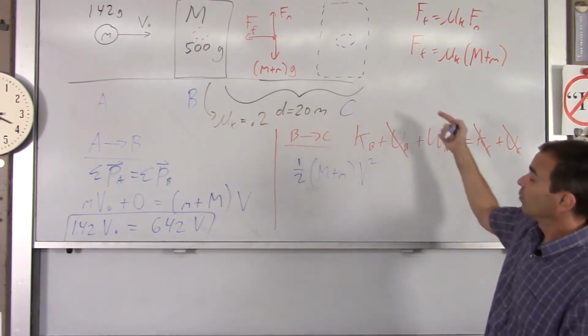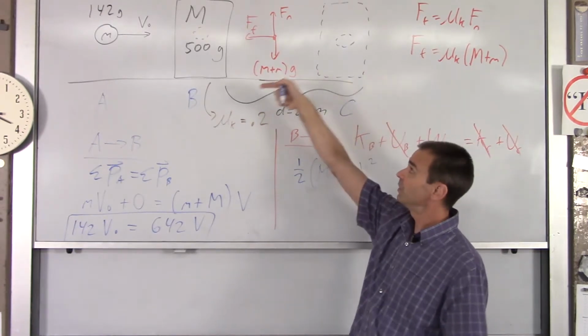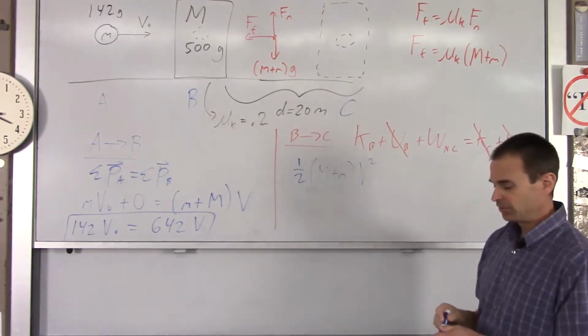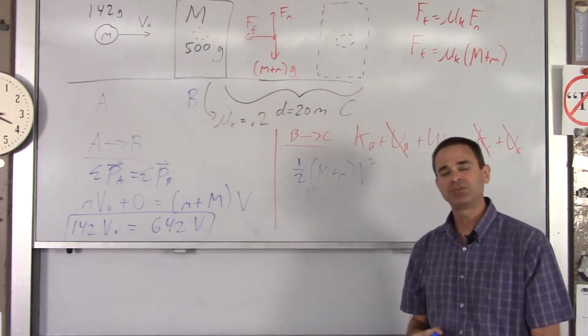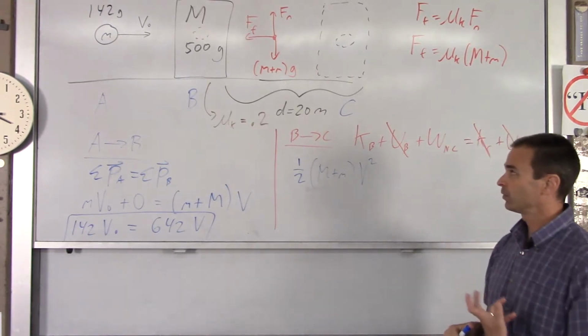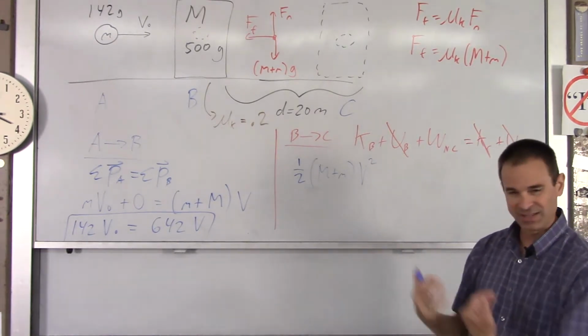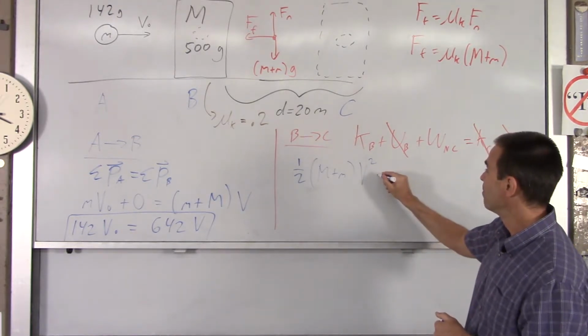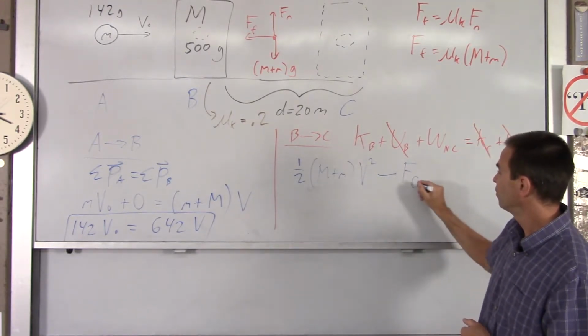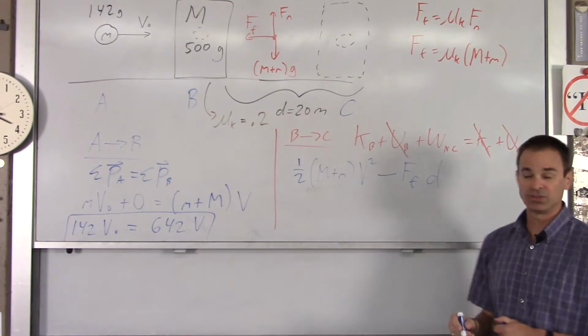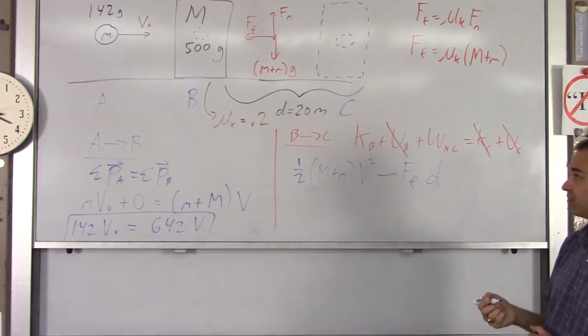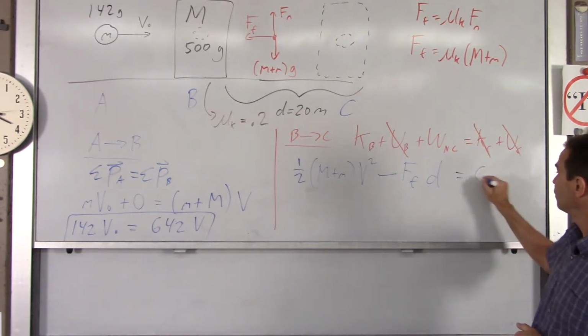Work done by friction. Well, the motion's to the right, friction is acting left. Since the force is acting in the opposite direction of the motion, that force is doing negative work and sucking energy out of the box. So this is minus the force of friction times distance. That's the work done by friction as the box slides from B to C, and that equals 0.